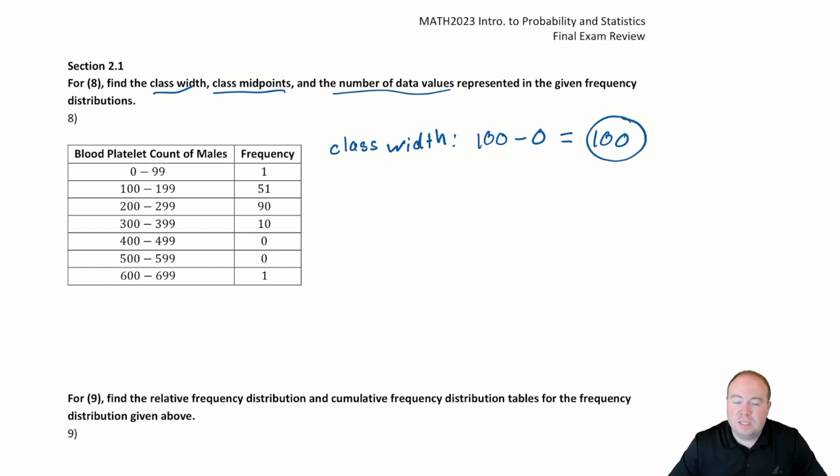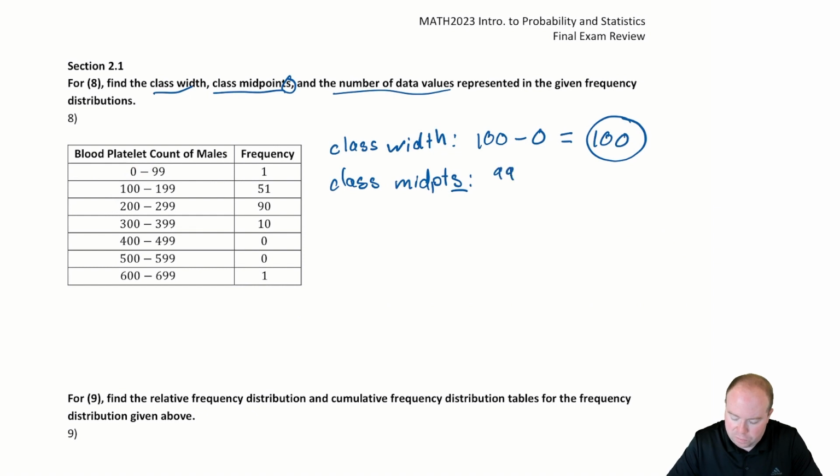You can think about this as simply the number of values within a class, but be careful that 0 is included. So don't just subtract 99 minus 0 and get 99, because that first value is the starting point of the class. Now, the class midpoints, plural, are what is in the middle of two numbers.